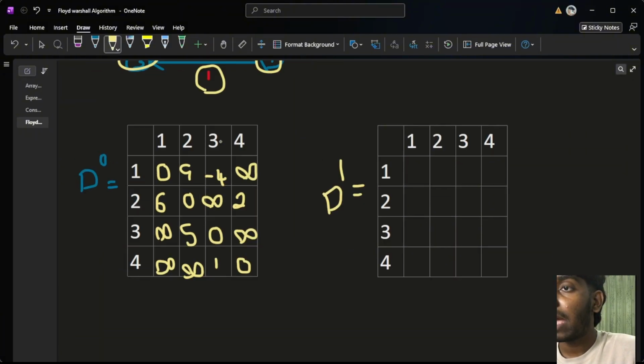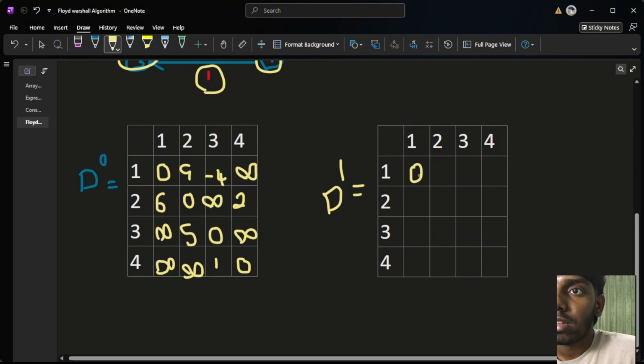So for that, we have to consider the D0 matrix as our base matrix. From that, we are going to draw the D1. Zeros on the diagonal, because 1 to 1, 2 to 2, there's no edge. Also, because we are doing D1 via 1, we have to consider 1 as the middle vertex.